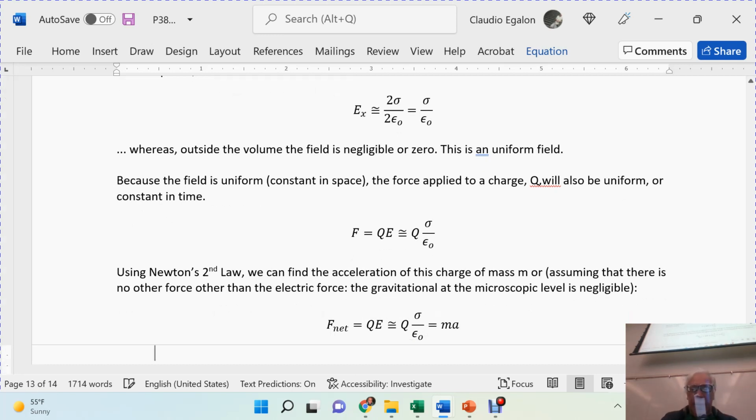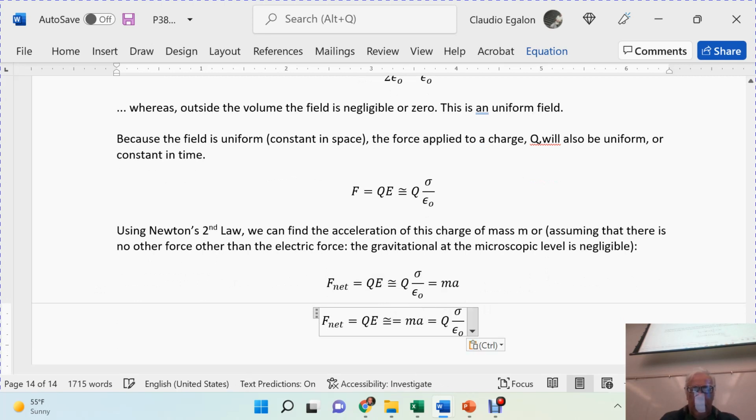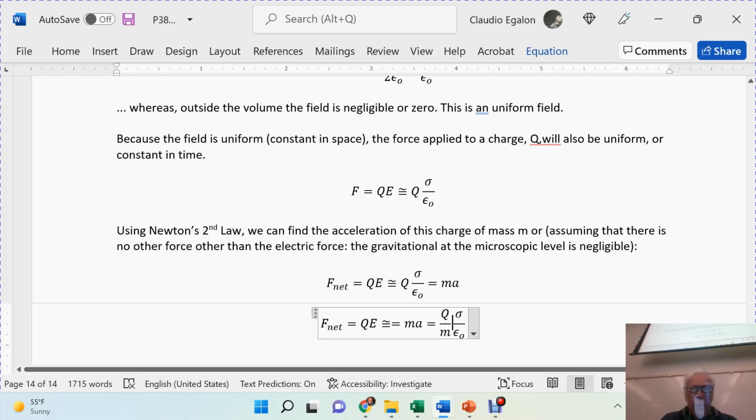And the acceleration of the charge is going to be Q over M. Okay, that's going to be like that.